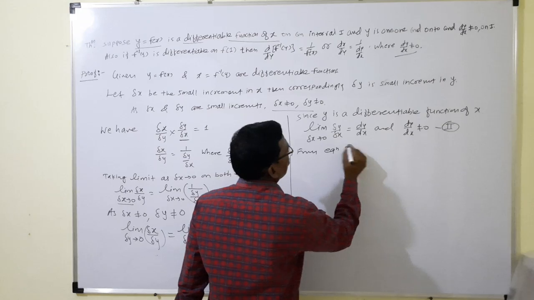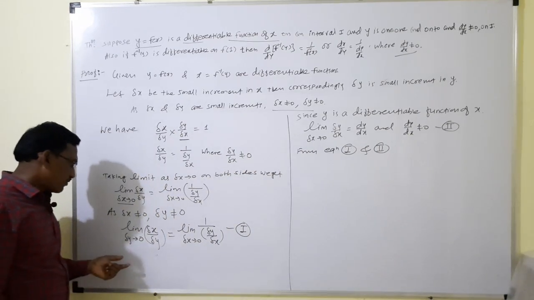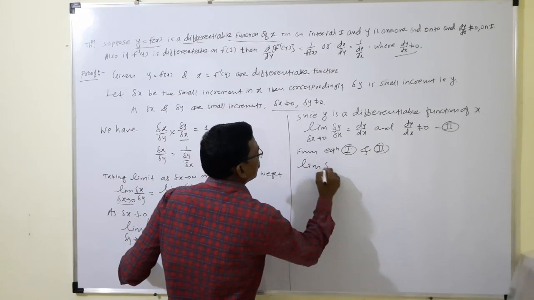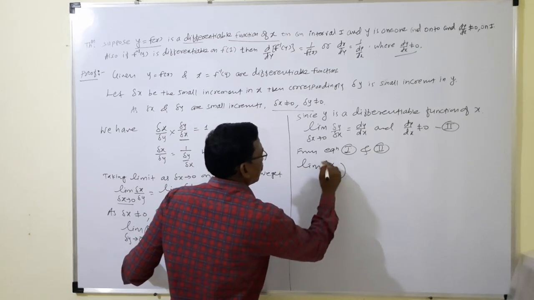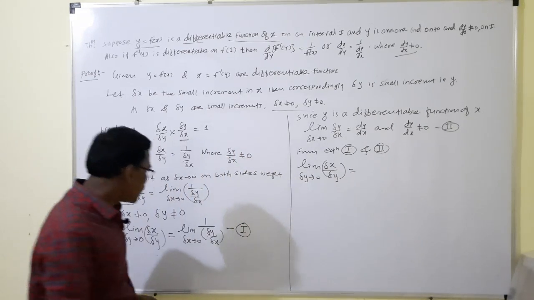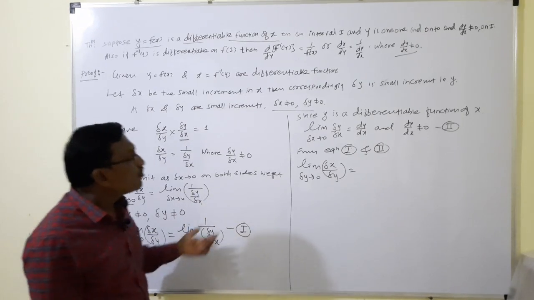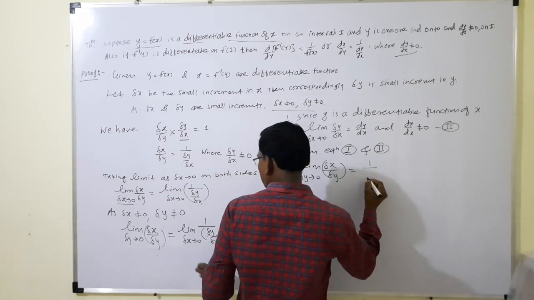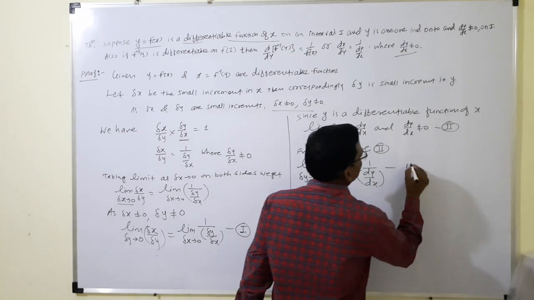From equation 1 and 2, equation 1 is in the left hand side, limit of delta x upon delta y as delta y tends to 0 is equal to, in the right hand side, 1 upon, instead of this limit of delta y upon delta x, we write here dy by dx by using 2. It is 1 upon dy by dx from 2. Call this equation number 3.